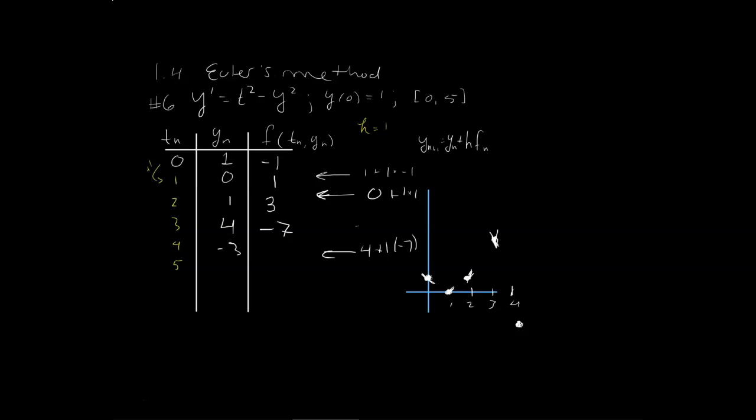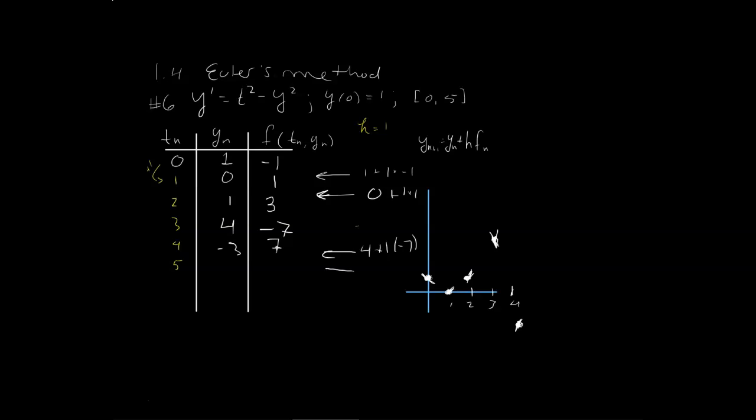And then this gives us a new f value. So 4 squared is 16, minus 9 is 7. So this gives us a positive 7. So now our slope's telling us to go way back up.